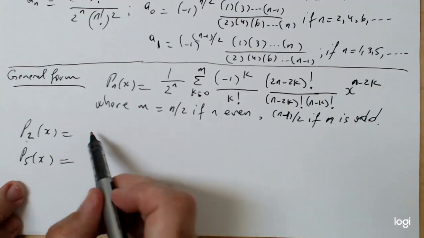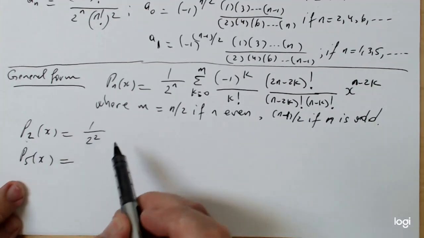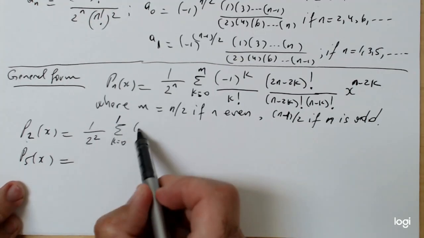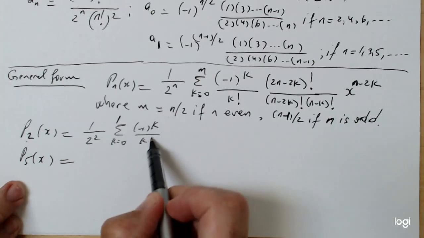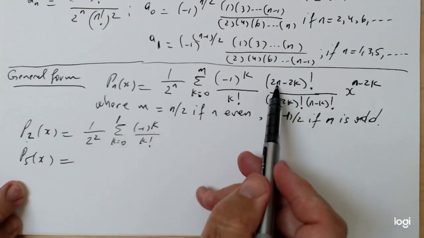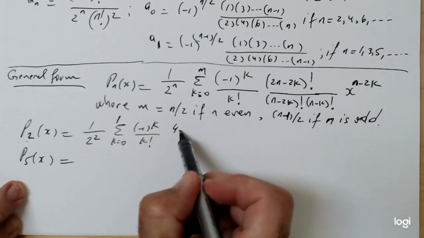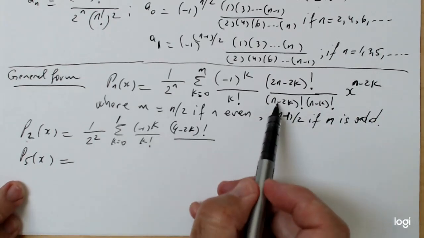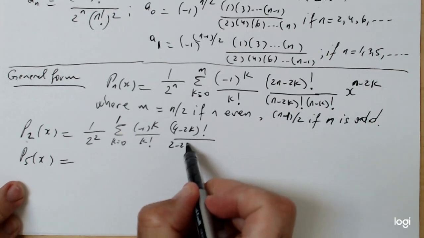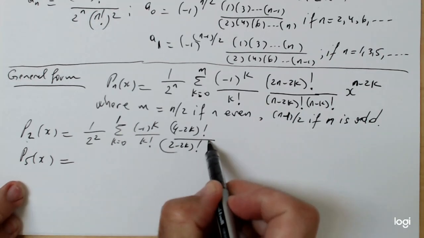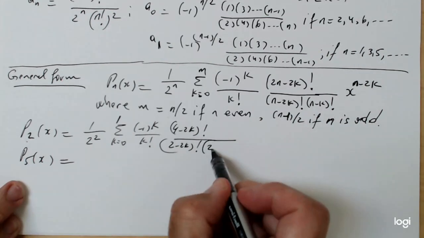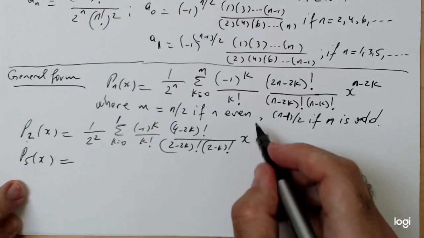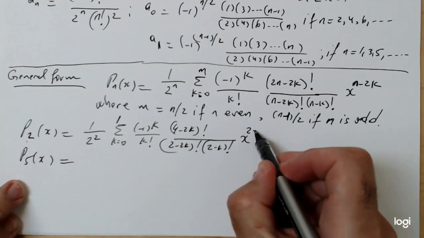So if n equals 2, it's going to be 1 over 2 to the power 2, the summation from 0 to 1, minus 1 to the k over k factorial, 2 times 2 becomes 4 minus 2k factorial over 2 minus k factorial, 2 minus 2k factorial, x to the 2 minus 2k.